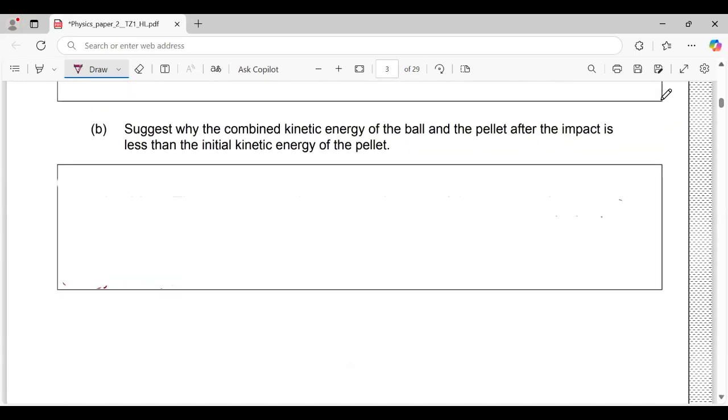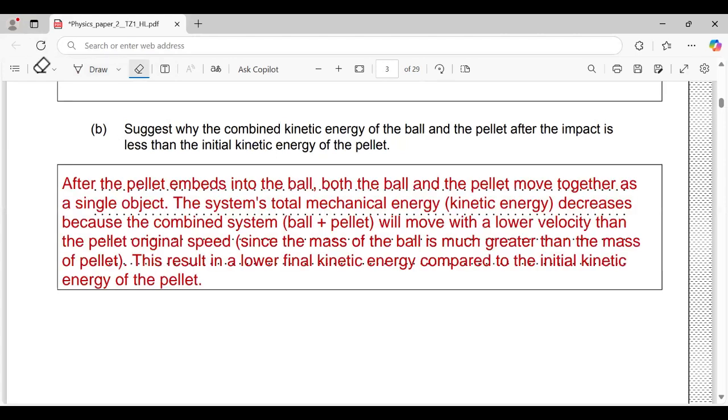Suggest why the combined kinetic energy of the ball and the pellet after the impact is less than the initial kinetic energy of the pellet. I have provided my explanation. After the pellet embeds into the ball, both the ball and the pellet move together as a single object.